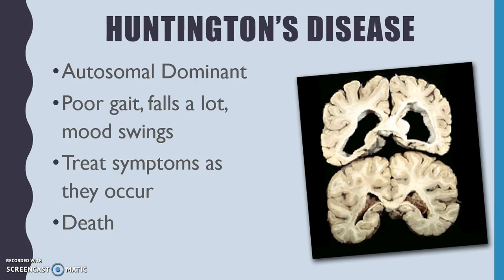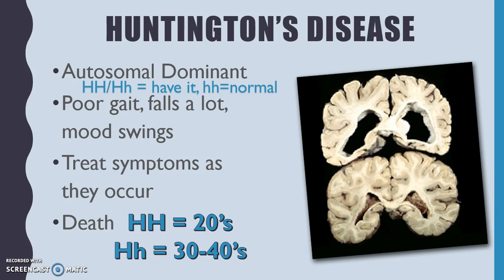But the age of death depends upon the number of dominant alleles you inherit. If you inherit Huntington's disease, you will have at least one dominant allele. Okay, but depending on whether you are homozygous or heterozygous, determines when those symptoms arise. If you are homozygous dominant, you will have Huntington's disease and your symptoms will begin showing in your 20s, which means that you will most likely die in your 20s.